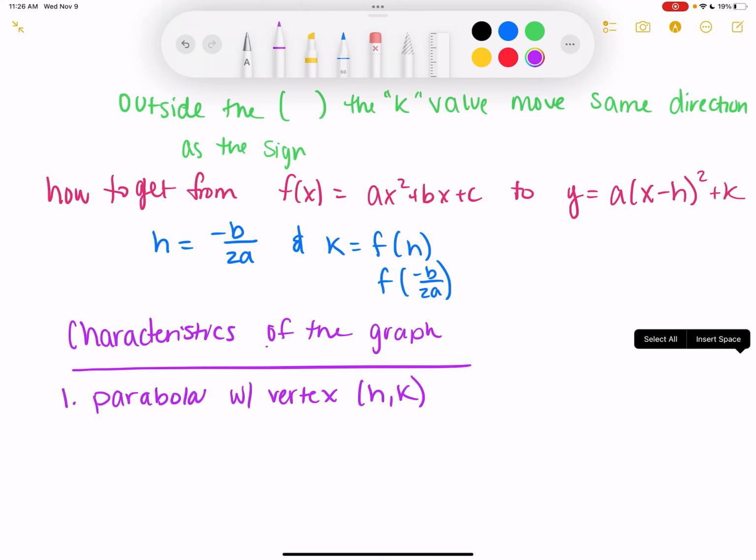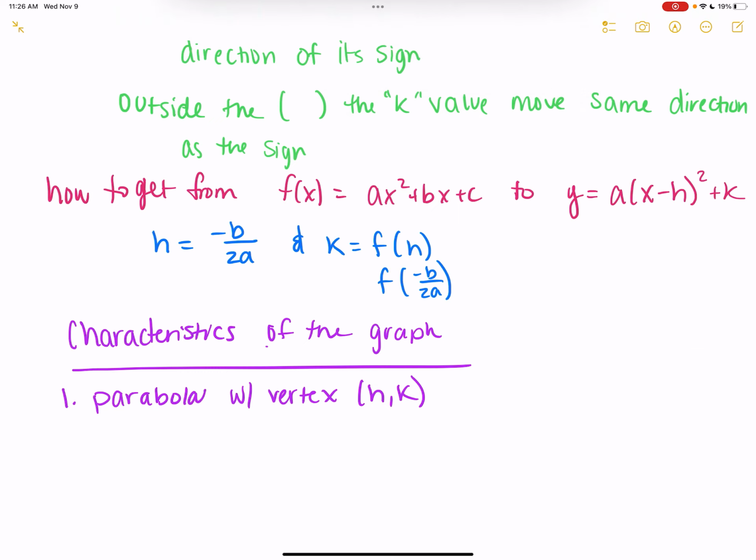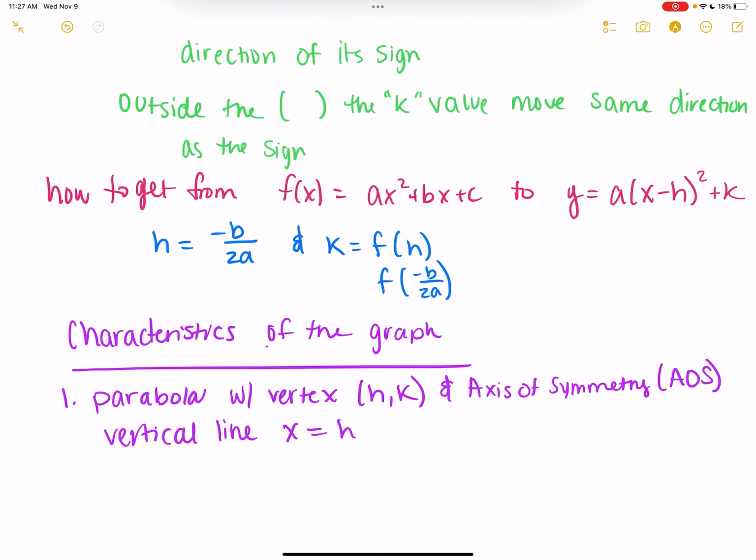If it's not written this way, then you've got to fix the sign that's on here. And the axis of symmetry, which I will usually write as AOS, is a vertical line that's x is equal to h, which is minus b over 2a if you had been given standard form.